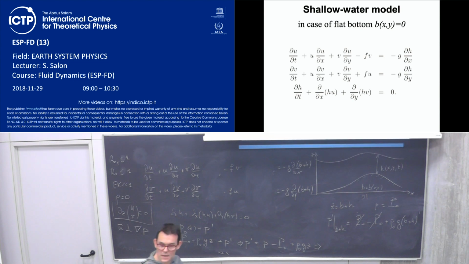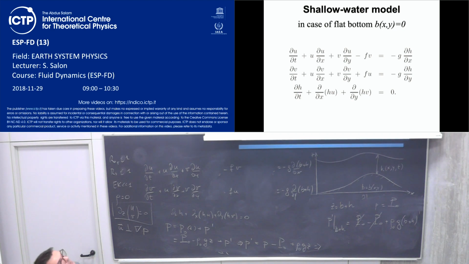So the shallow water model is a very nice example of a system that is an extraction, a derivation of the barotropic flow, and it is frequently used in applications.